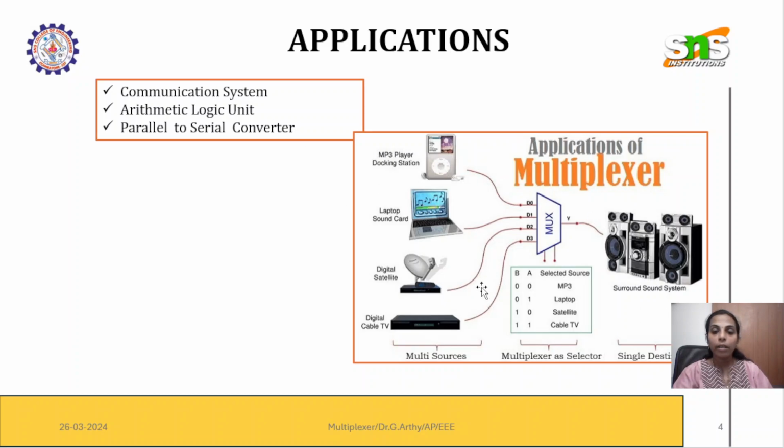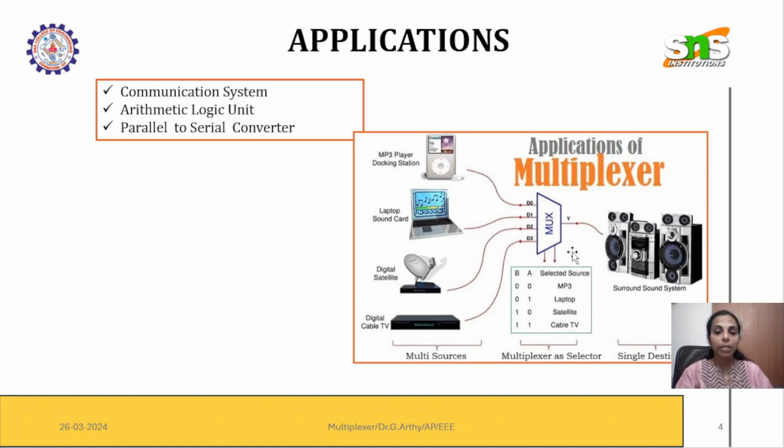Here I've mentioned one application: in a sound system, the inputs can be from an MP3 player, from the sound card of a laptop, from digital satellite, or from cable TV. These are n different sources, but the output is only one, the sound system.